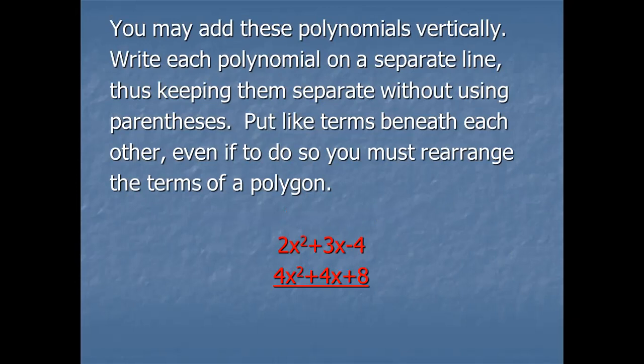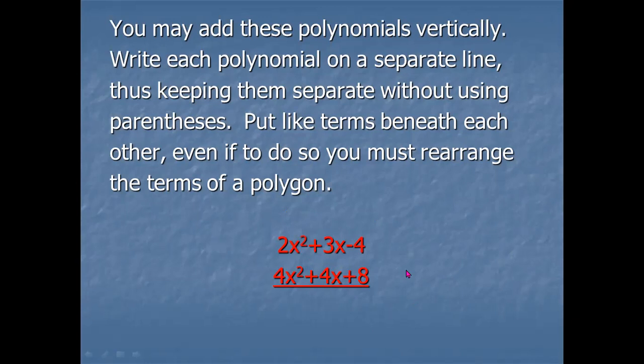We may add these polynomials vertically or horizontally. Write each polynomial on a separate line, keeping them separate without using parentheses. Put like terms beneath each other, even if you must rearrange the terms of the expression.